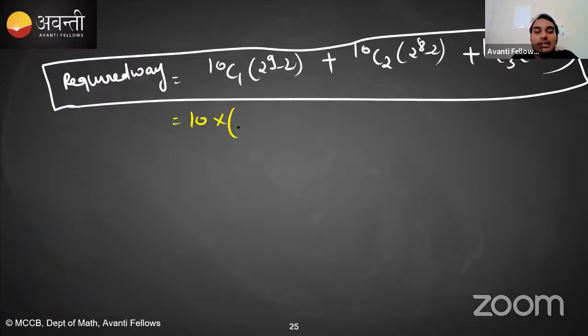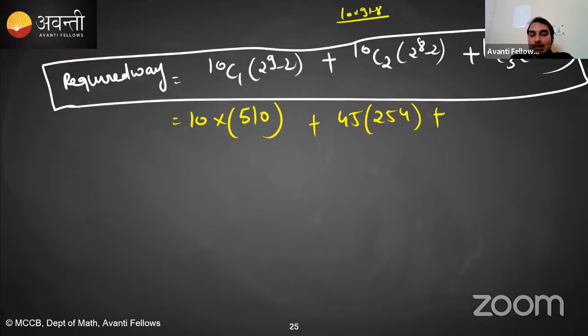2 raised to the power 9 is 512, minus 2 is 510, plus 10C2, 10 into 9 by 2, is 45, into 2 raised to the power 8, which is 256, minus 2 is 254, plus 10C3, 10 into 9 into 8 by 3 factorial, which is 6.